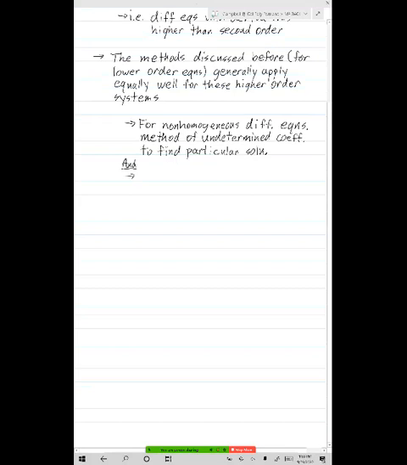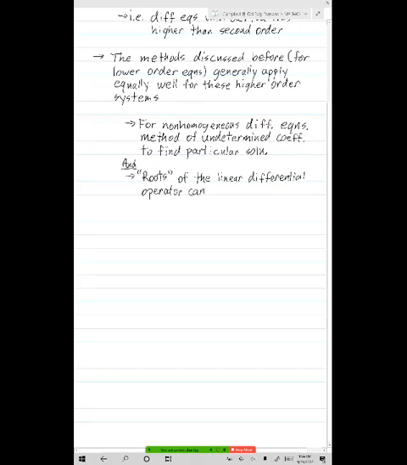Now, we can use the method of undetermined coefficients to find the particular solution, and for the homogeneous case, we can use the roots of the linear differential operator or the characteristic equation if you prefer, since the two are the same.